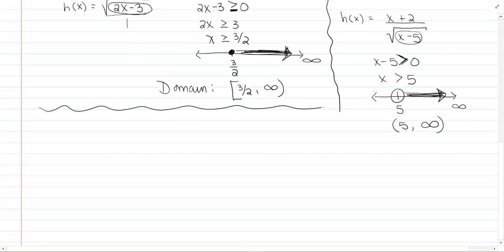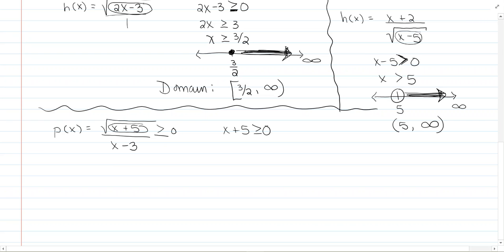So the last possible case you could see would be like this. P of x equals the square root of x plus 5 over x minus 3. Okay. So I have a radical in the numerator, which means I set the radicand greater than or equal to 0.